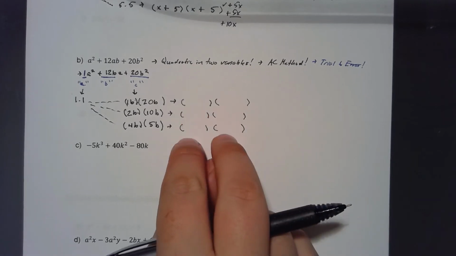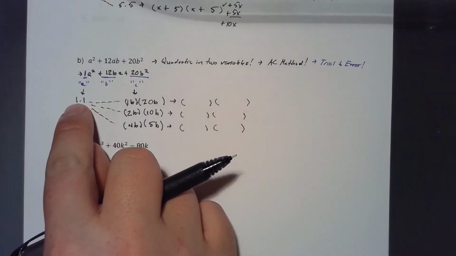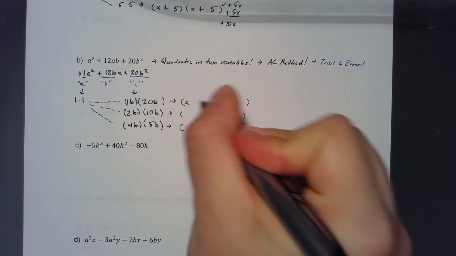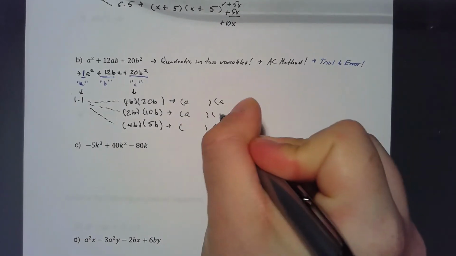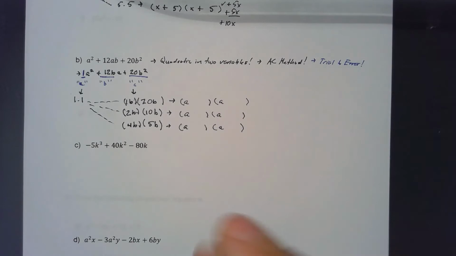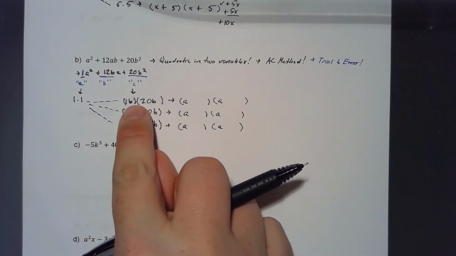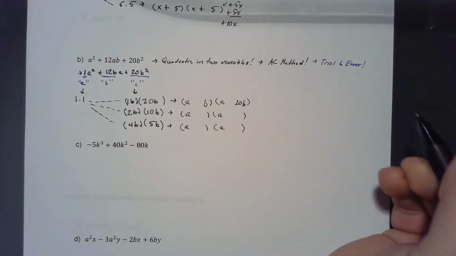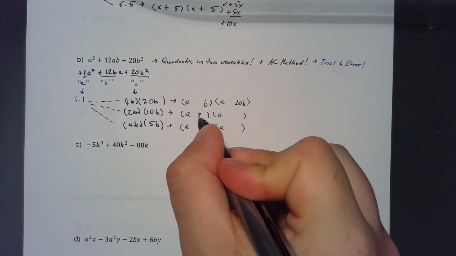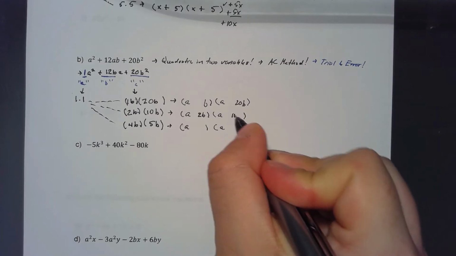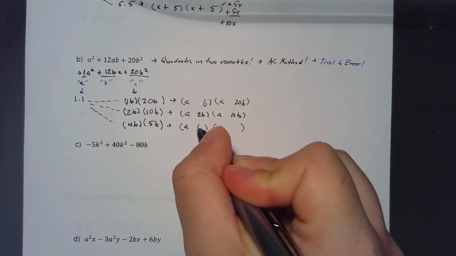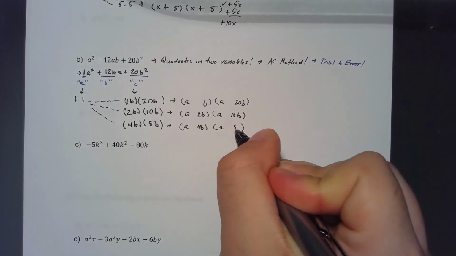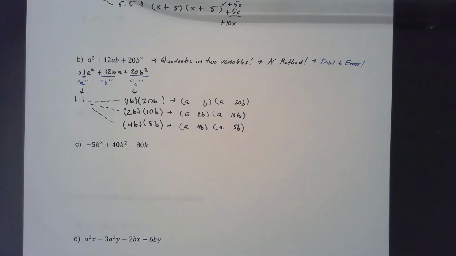So the first terms in each one are going to be 1a times 1a, which I could just write as a times a, a times a. This one will be 1b and 20b, 2b and 10b, and then 4b and 5b.